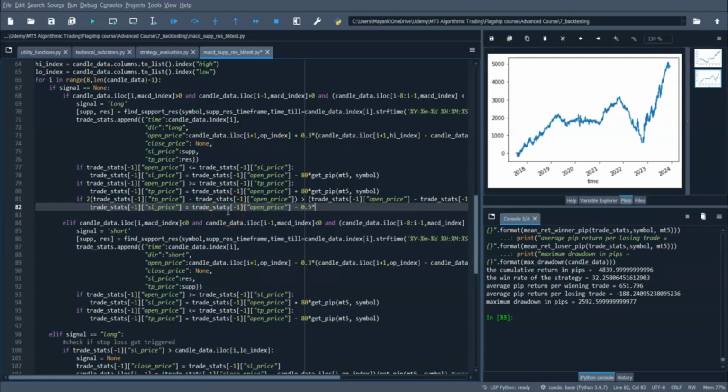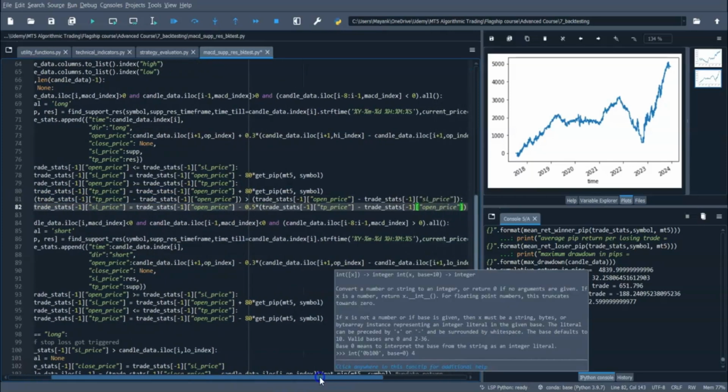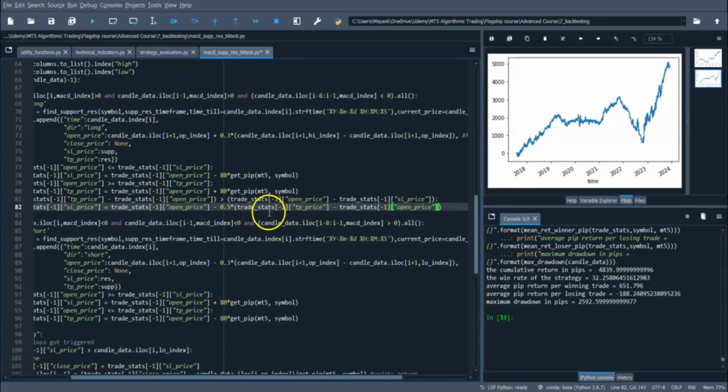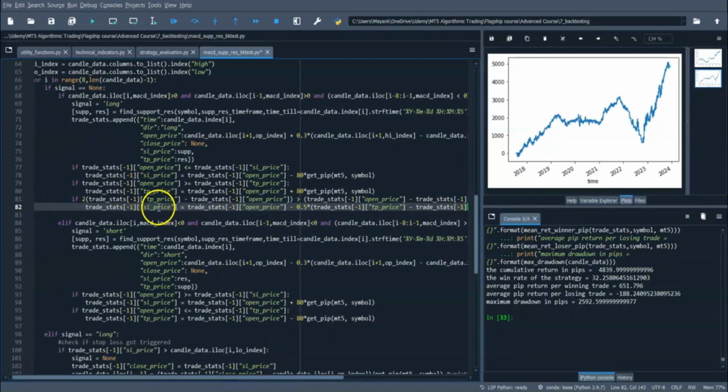Okay, so let me copy this whole thing. Again, it's not that difficult to understand what I'm doing here. All that I'm doing is figuring out the difference between my take profit price and the trade open price, and I'm manually ensuring that my stop loss price is half of that.